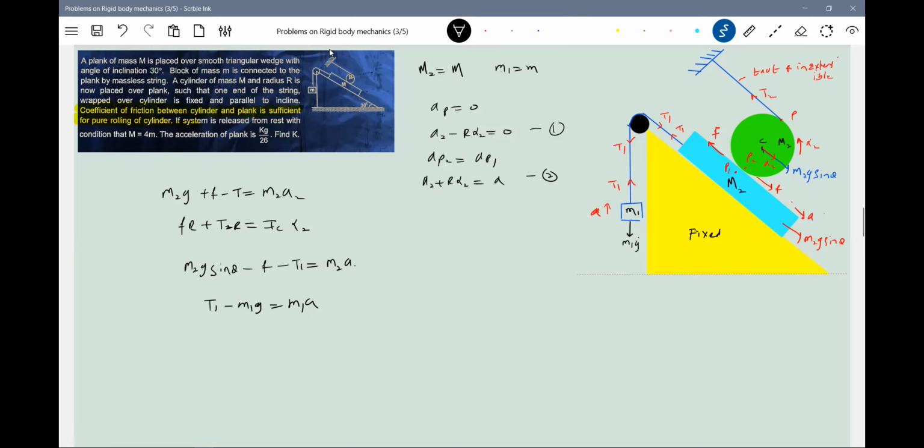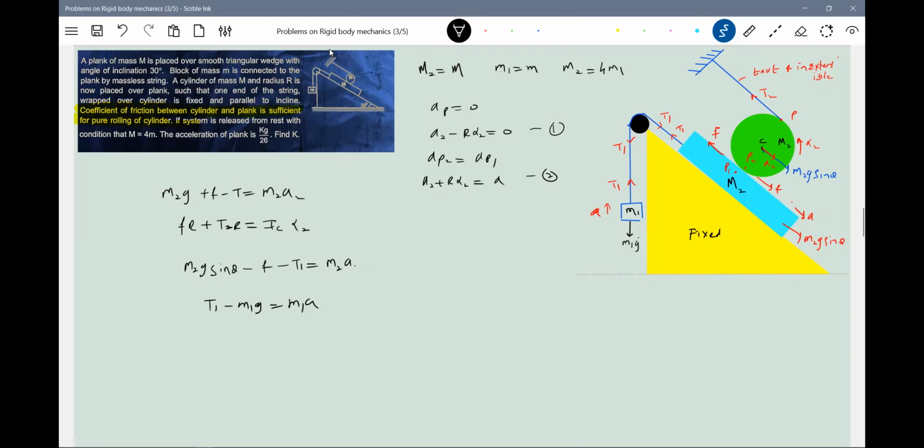And the information we have is that M2 is in fact 4 M1. You have to solve it.